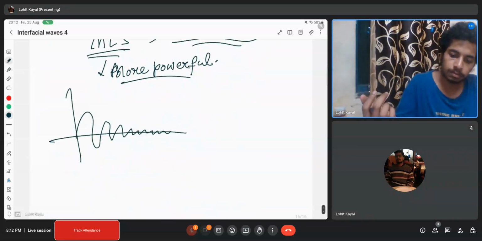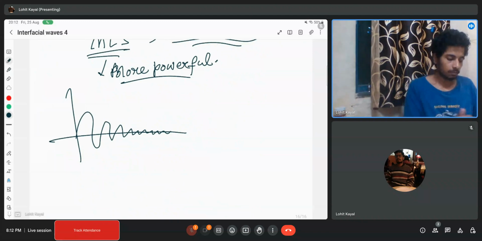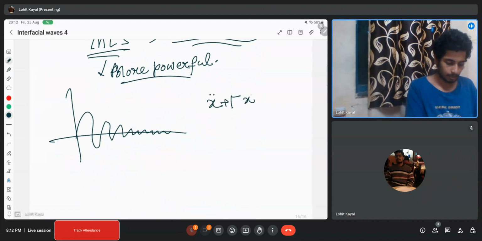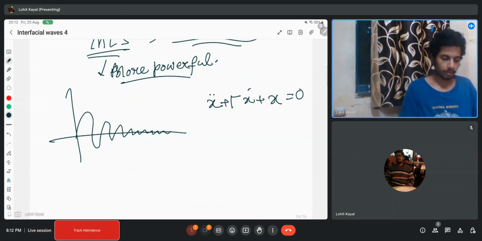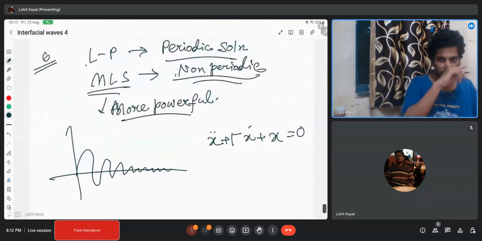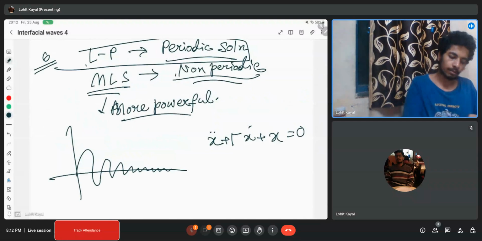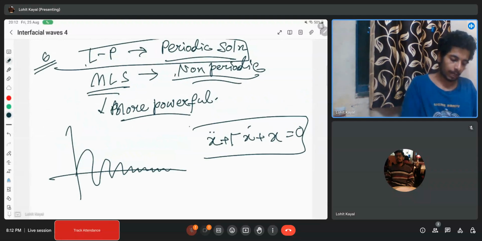If you do a simple analysis like x double dot plus gamma x dot plus x equal to 0, and use the Lindstedt Poincare technique and the multiple scale technique on this problem, you can solve it analytically.